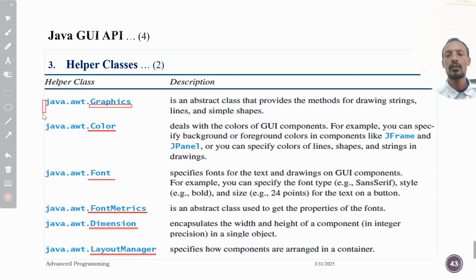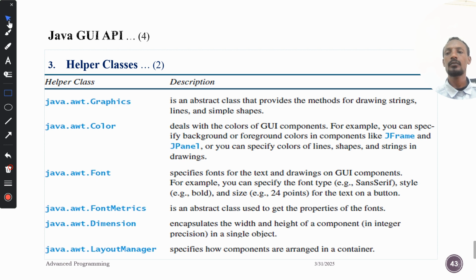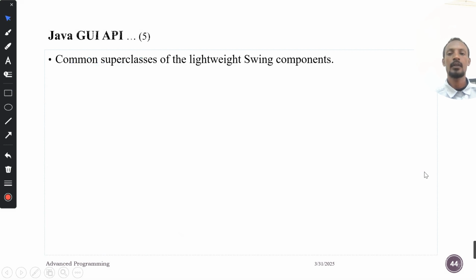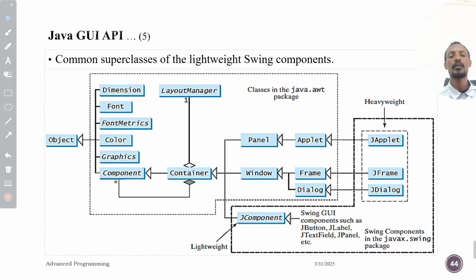These are all the helper classes that are used in both AWT and Swing. When you sum them up, the common superclasses of lightweight Swing components are summarized in the diagram here.